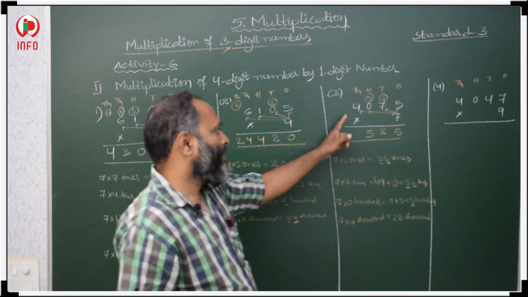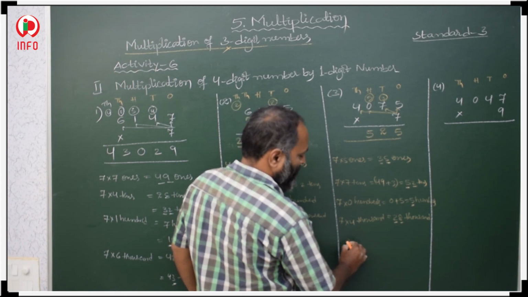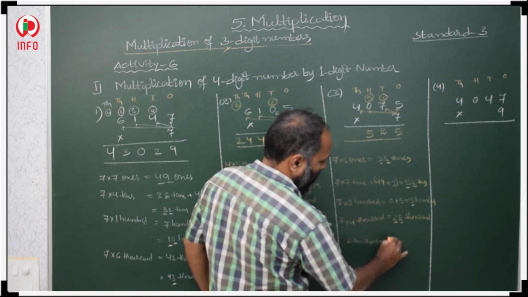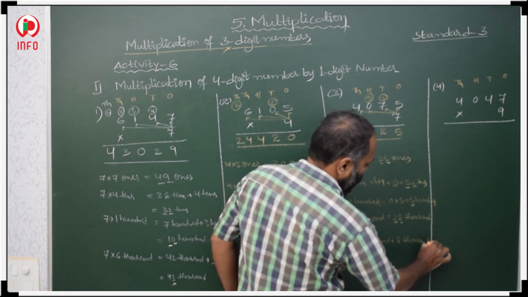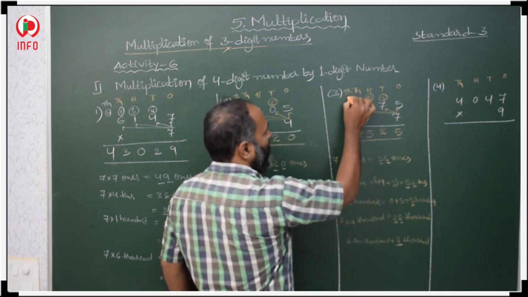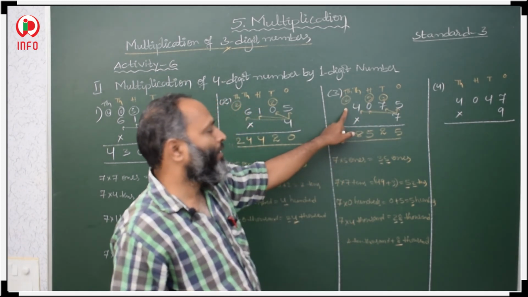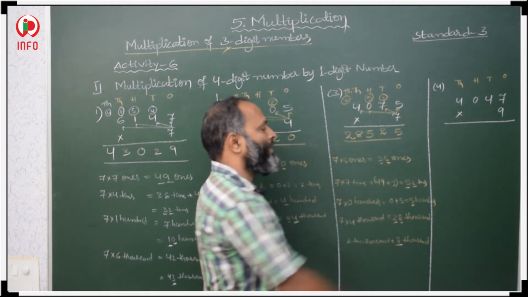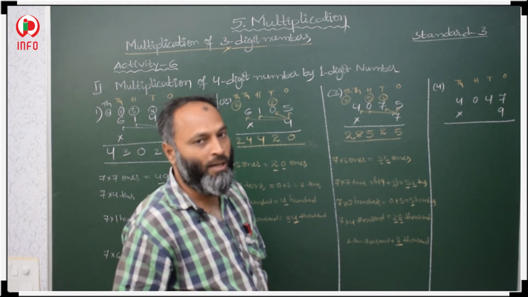So 8,000 and 2 ten-thousands, 2 ten-thousands plus 8,000. Keep 8 in thousands place. Here we do not have any 10,000s place value, so these two we have to take as it is. 28,525. This is our answer.